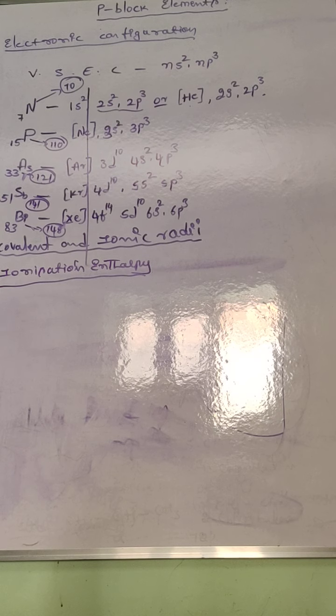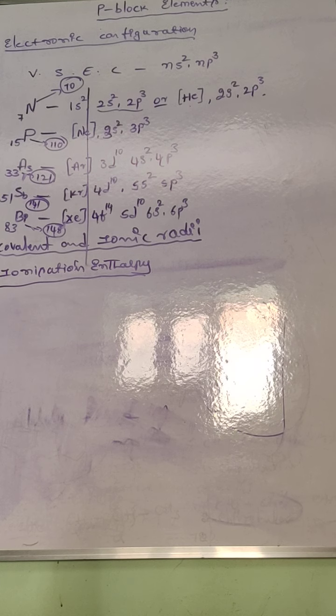Ionization enthalpy is defined as the minimum amount of energy required to remove one or more electrons from an isolated gaseous atom.